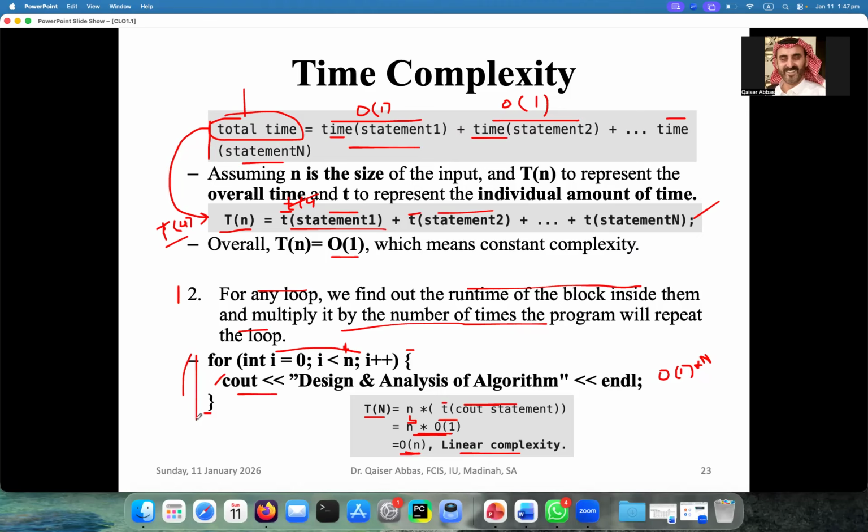Not writing the code. Writing the code is after that algorithm. So there is no question of saying it's different for the Python loop or the C++ loop. Here we have the loop, whatever way the loop is written, loop means total number of repetitions.